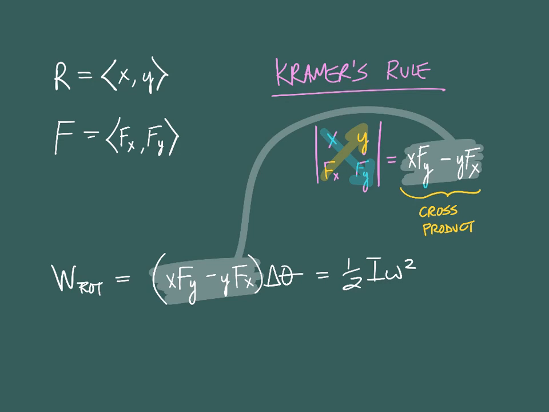I'm going to draw one just like one I'm going to refer you to later. But we would call this basically this going to that would be the vector r crossed with the vector f, this cross product.